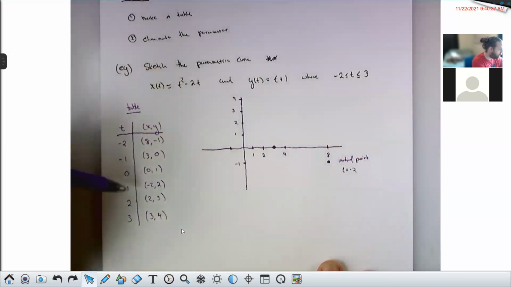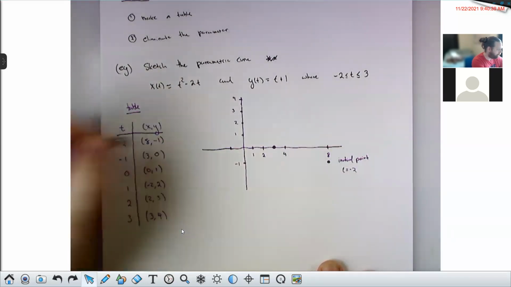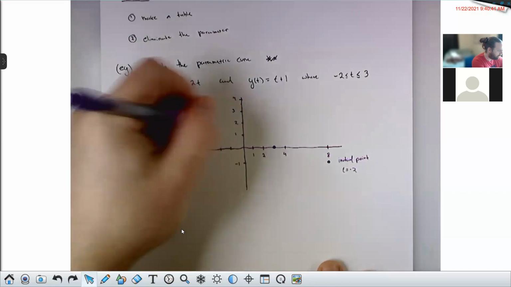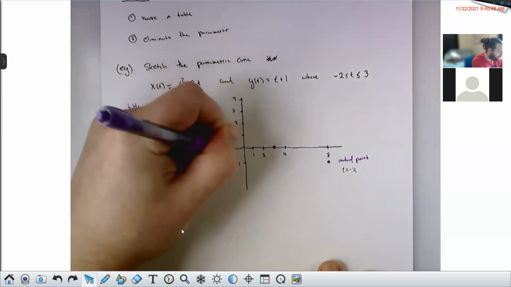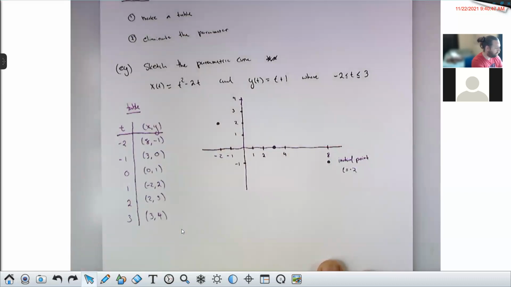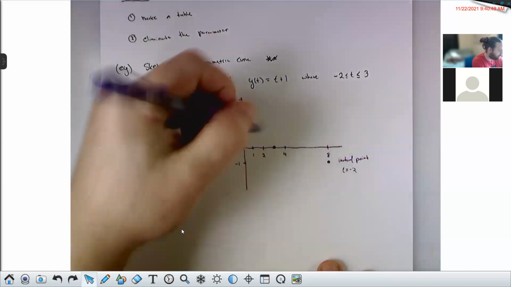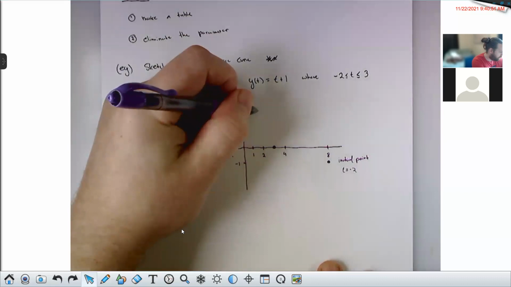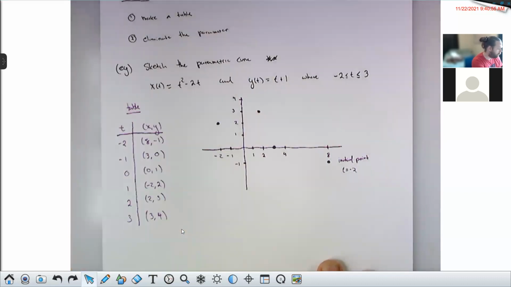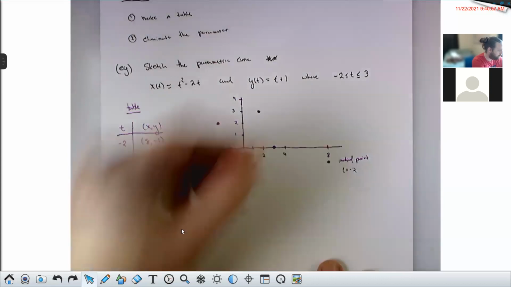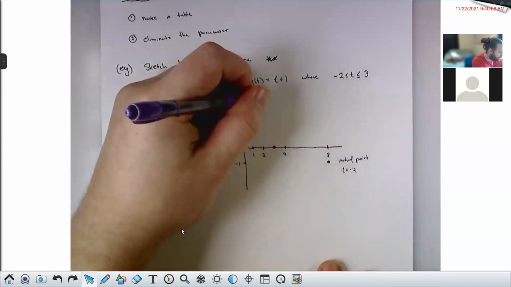Then we go through -2, 2, should be right here. Then we go through 2, 3, should be right here. And then we go through 3, 4, which would be up here.